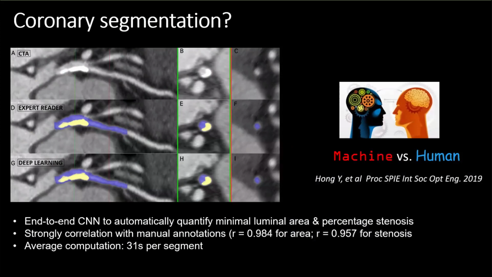So that's the background, but what can these algorithms do? What do we have at our disposal at the moment? Can these algorithms actually segment plaque in the way that you saw me doing manually? And the answer is yes, they can. Here you can see a coronary with some calcified plaque. And here you can see an expert reader who has segmented out the calcification and the lumen.